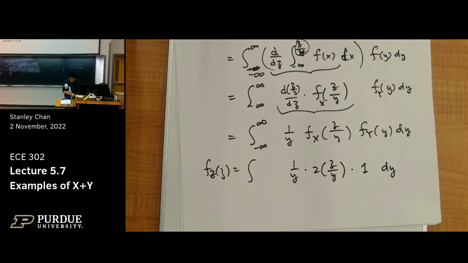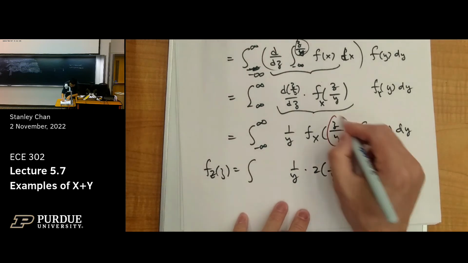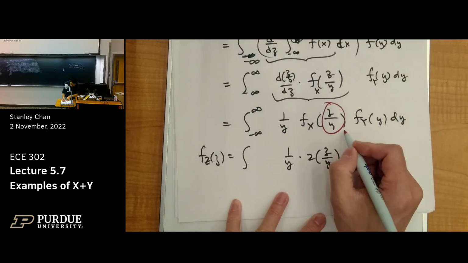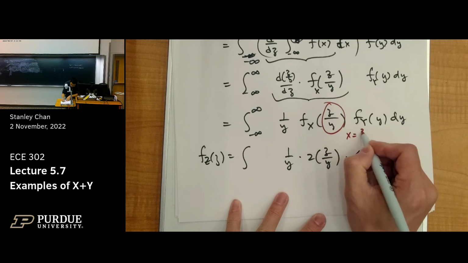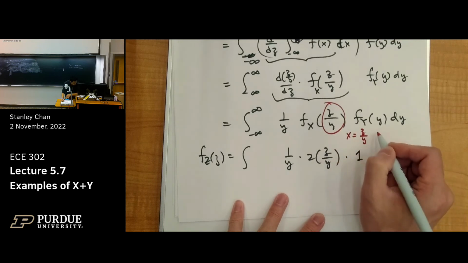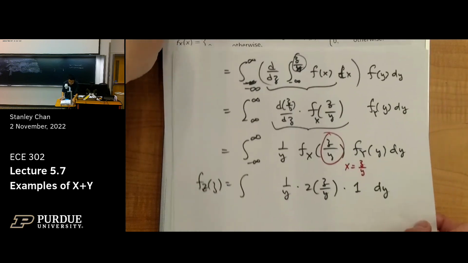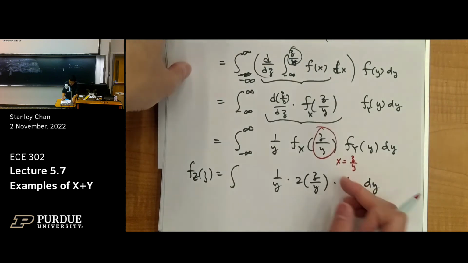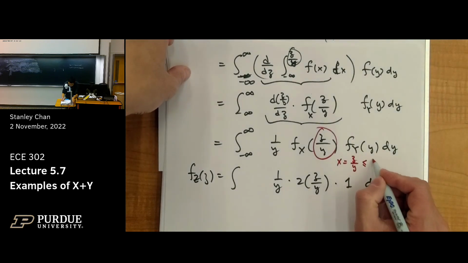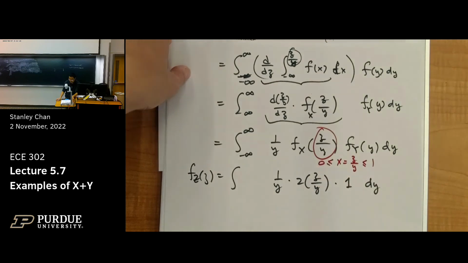So how should I calculate the range? Well, the range is really specified by here. So you have x equals z over y. And I know by my problem, where's my problem? The problem is here. My x is between 0 and 1. So that means this is less than 1, this is bigger than 0.